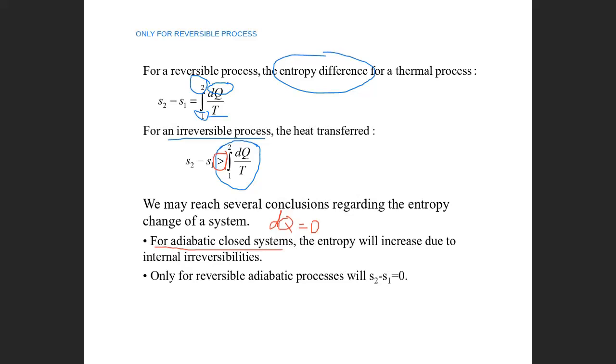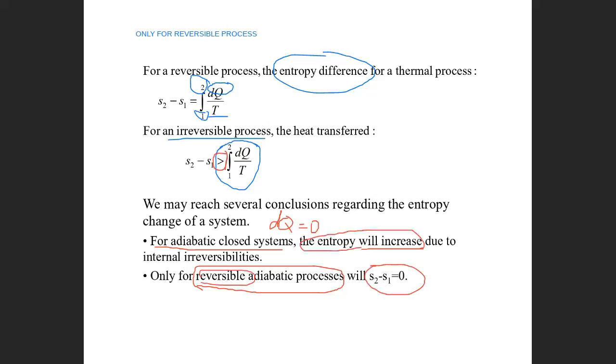For an adiabatic process in a closed system, the change of entropy will increase. However, if it's a reversible process, then it has the same entropy.